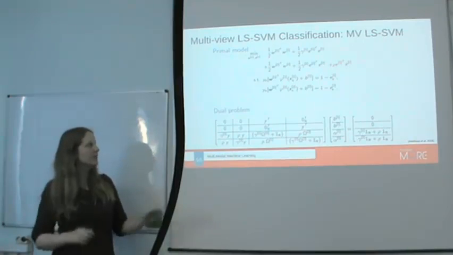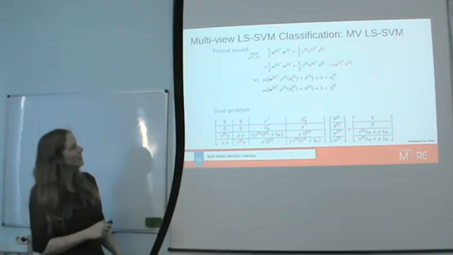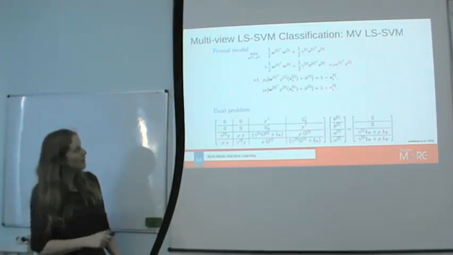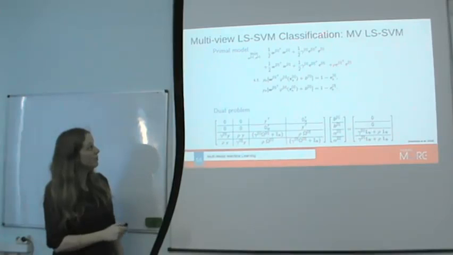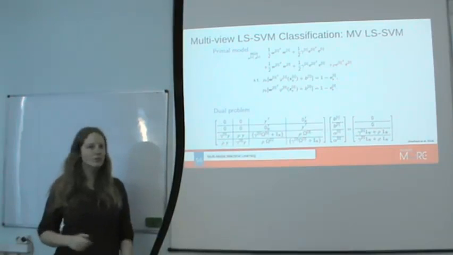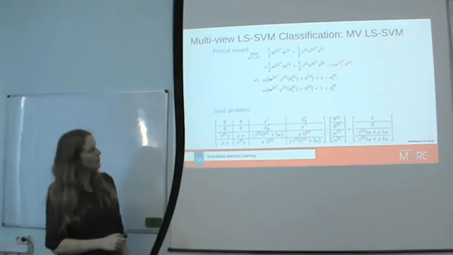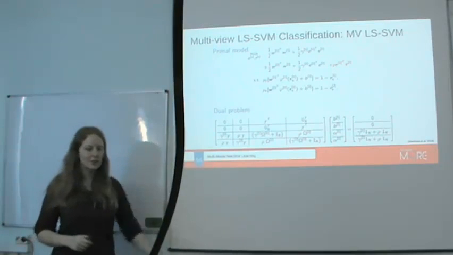So this might be a bit confusing, but it's actually quite easy. You just have twice the model that I showed you before. So you have the objective function of the first view, objective function of the second view, constraints of the first view, constraints of the second view, and then we have this coupling term. So that's actually the big key of it.